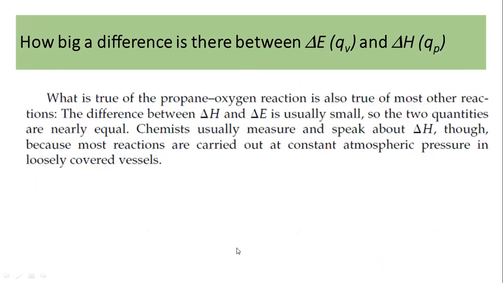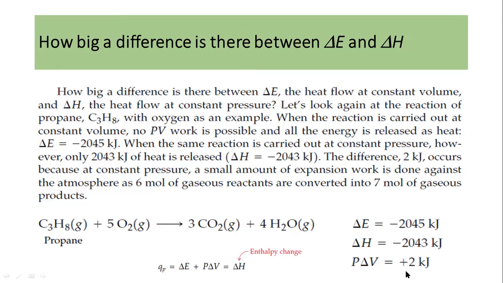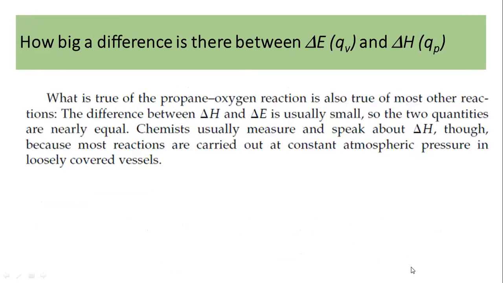This shows that the difference between delta H and delta E is usually small, so the two quantities are nearly equal. The 2 is not a big difference if you compare the total values of delta E and delta H, which are in the thousands. So this 2 is insignificant.